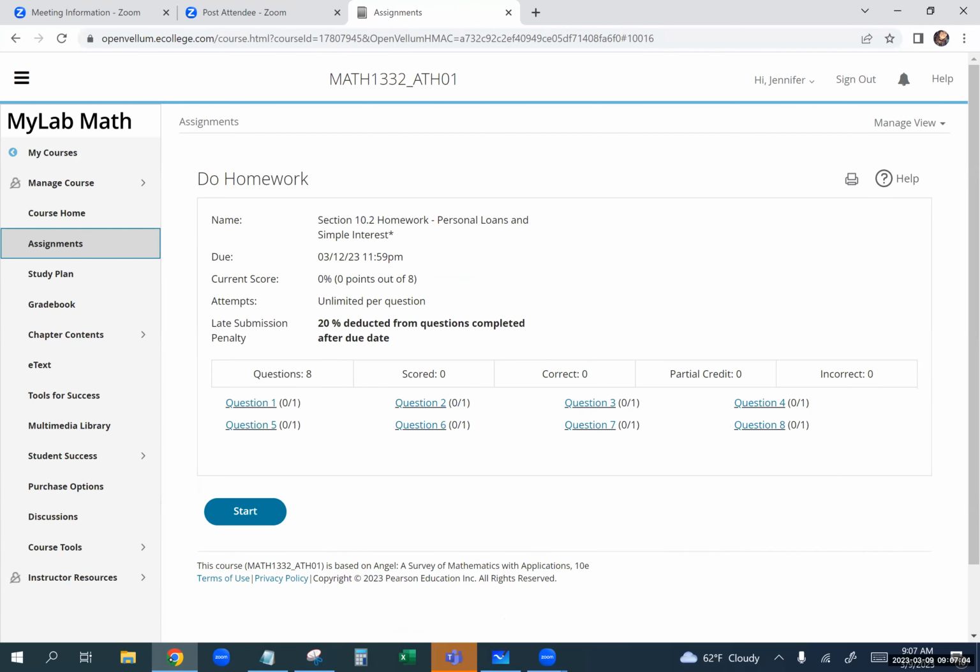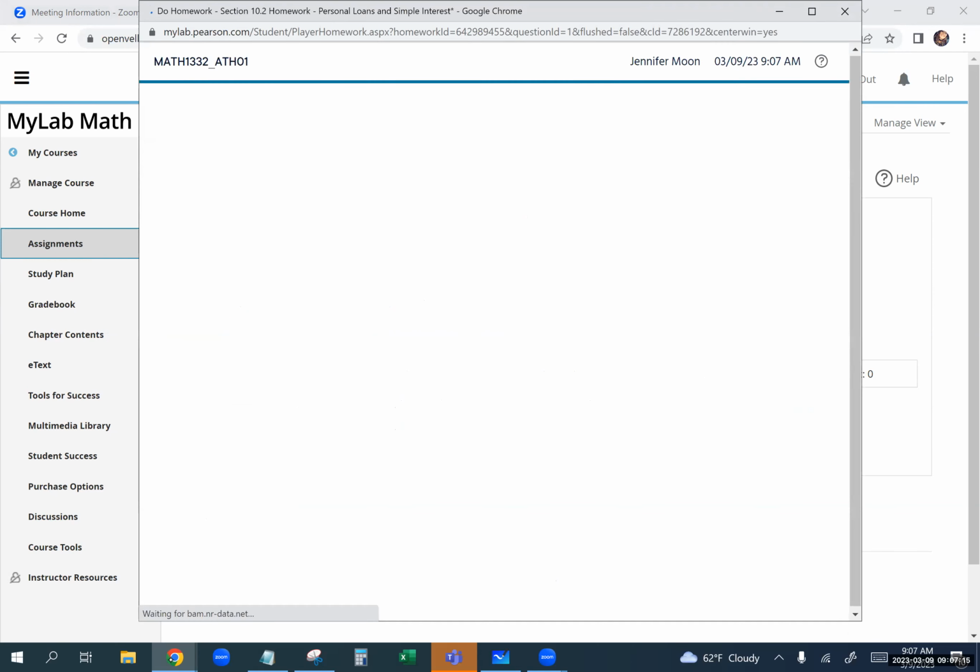Okay, it says personal loans and simple interest. I think we just called it simple interest, but it's fine. There are 8 problems on the homework.